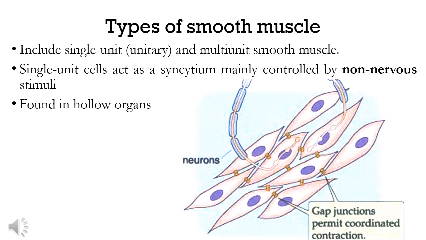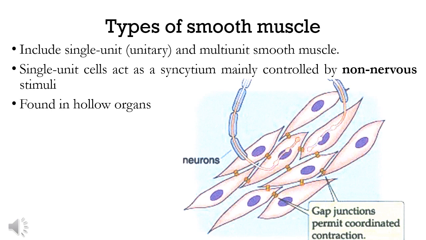So we have two types of smooth muscle, one of which is noted as the single unit or unitary smooth muscle, and another one known as the multi-unit smooth muscle. In the single unit, the cells act as one unit, as a sensation, so to speak. They have these interjoint components among them called the gap junctions.